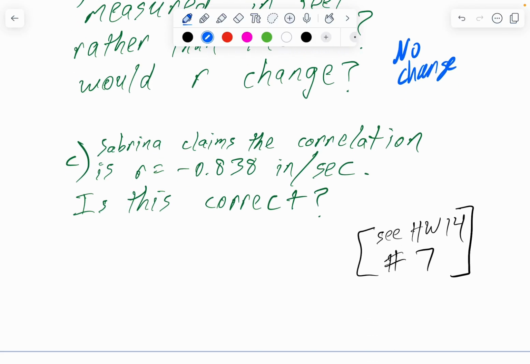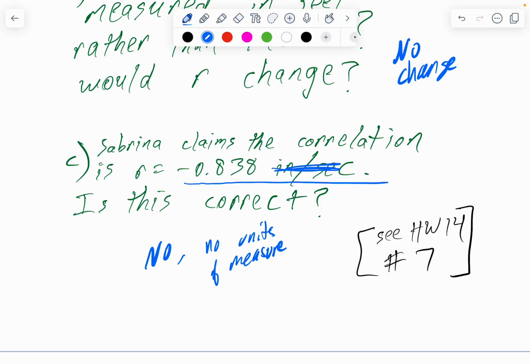Now, if someone claimed the correlation coefficient of negative 0.838 was measured in inches per second, would this be correct? Of course not, no, because there are no units of measure associated with the correlation coefficient. It's literally just the number negative 0.838.